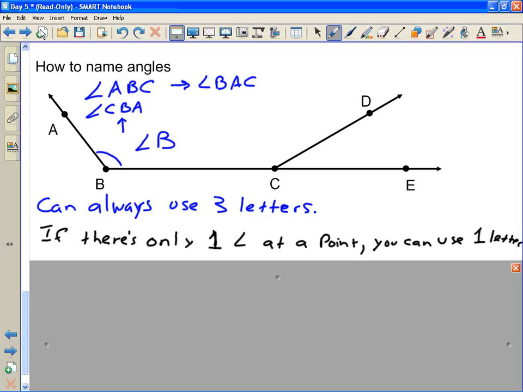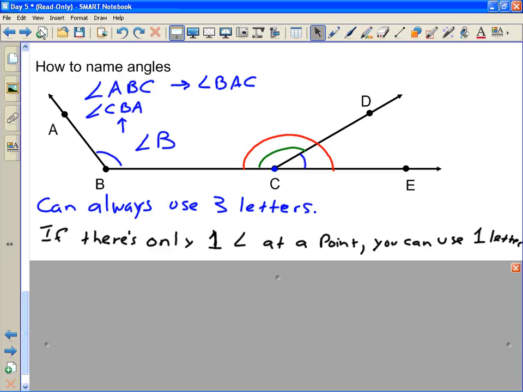Now compare that over here at C. At C, there's not just one angle. So if I said angle C, you wouldn't know if I meant this angle, or this angle, or even the straight angle. So that's why when there's more than one angle there, you can't use one letter. You have to use three letters.